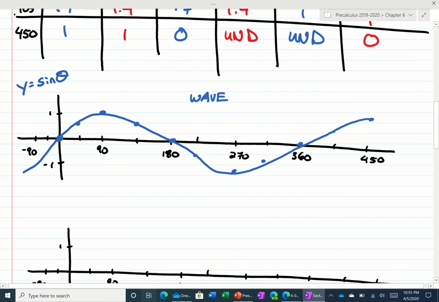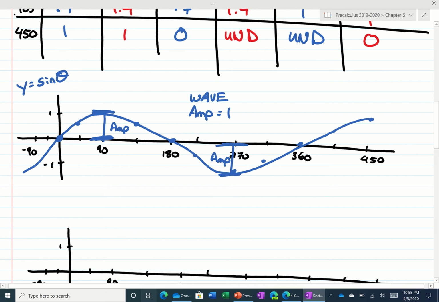But you can see we have a wave, right? And we get what's called amplitude from here to the middle. That's called amplitude. Just the same distance from here to the bottom. That's called the amplitude. Amplitude for sine is going to be 1. And it looks like it repeats after every so often, right?